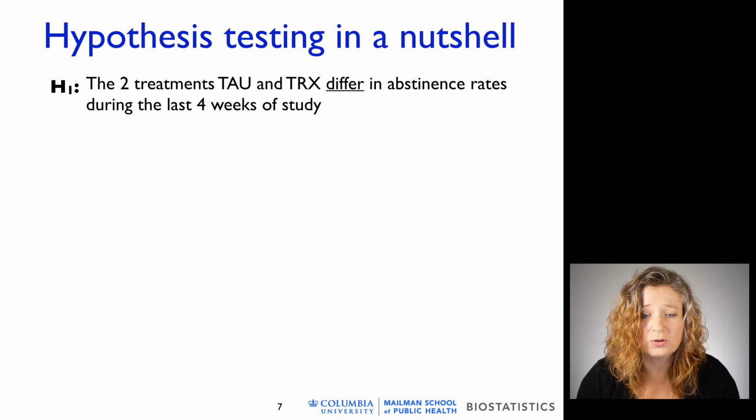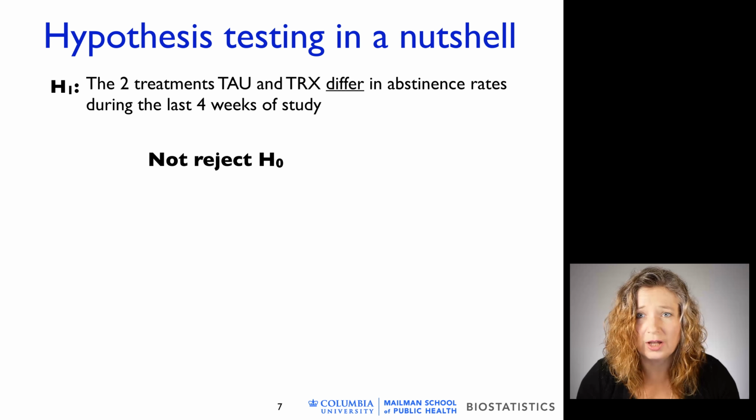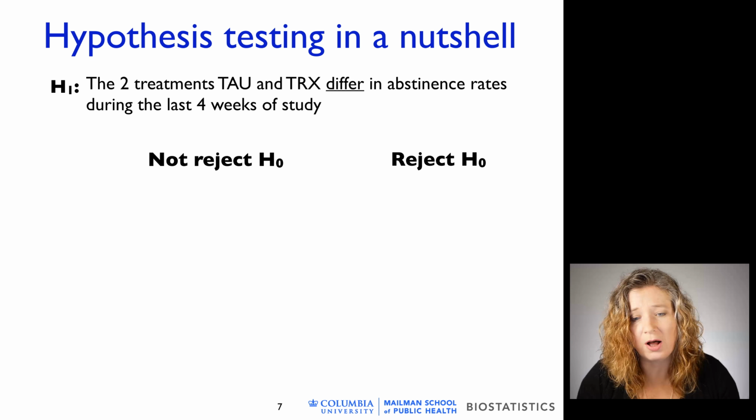So when we do the hypothesis test, we can actually arrive at 2 conclusions. One is that we don't reject the null hypothesis, and the second conclusion is that we reject the null hypothesis. If we don't reject the null hypothesis, we technically didn't prove that TAU and TRX differ.